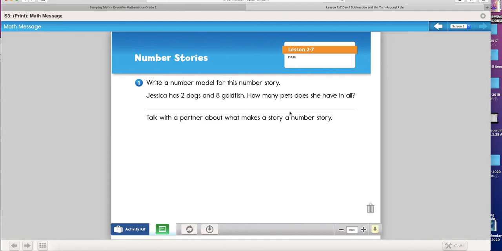One of the number models is 2 plus 8 equals 10. There are 2 dogs and 8 goldfish. But how do we know to add together 2 plus 8 equals 10? How do we know to add that together? Yanessa, how do we know to add that together, honey?